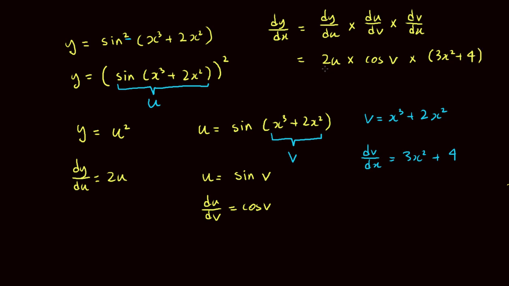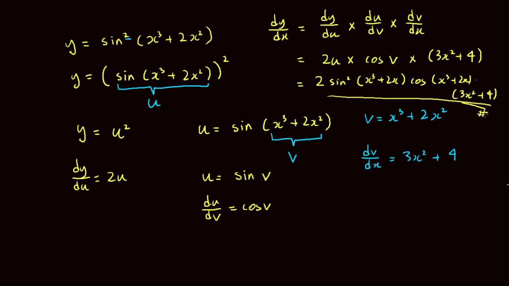Substituting back, it's 2 sine of (x cubed plus 2x squared) times cosine of (x cubed plus 2x squared) multiplied by (3x squared plus 4). So that's the derivative using the chain rule.